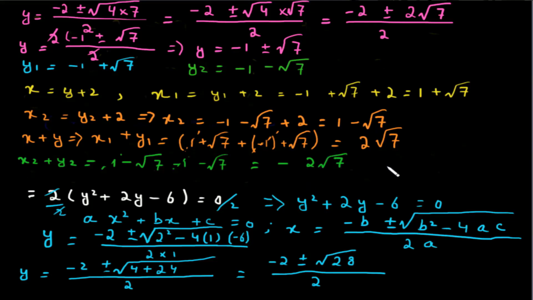And let me tell you that this one is approximately equal to minus 5.29, and similarly this one is also equal to plus 5.29. So these are the two numbers that can be achieved from x plus y. So this one, and we have this one.